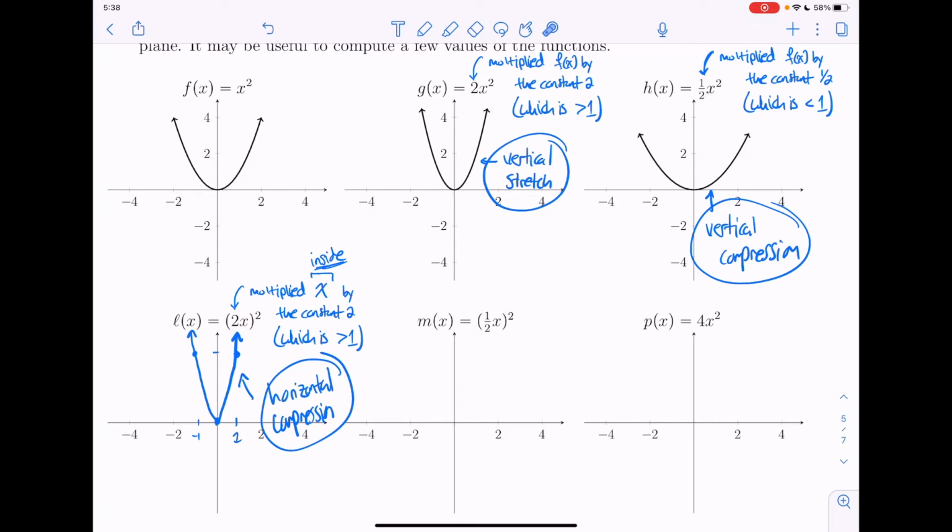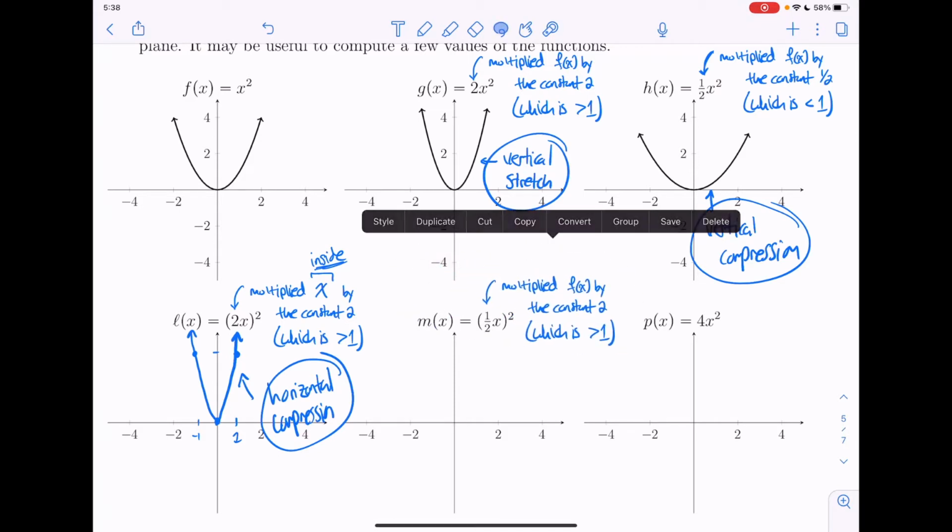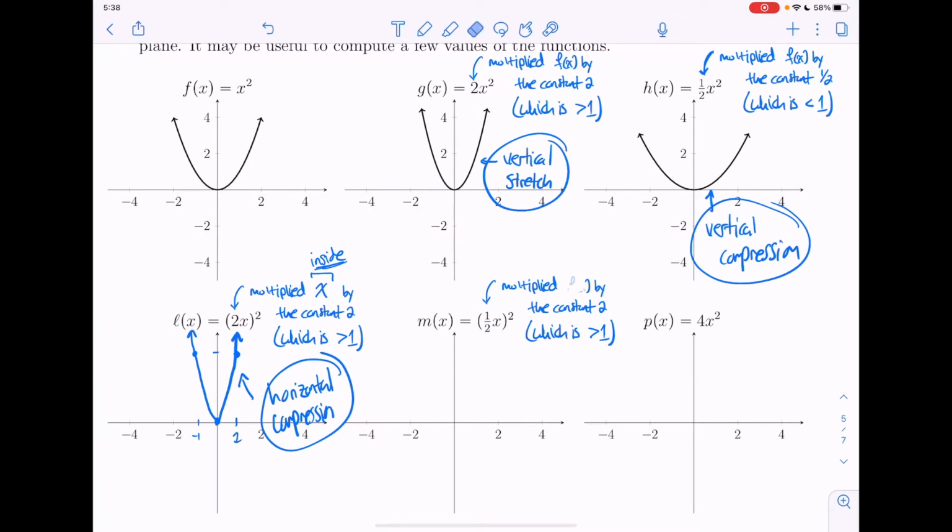And similarly, if I were to multiply by 1/2 on the inside, which is a constant less than 1, instead of being a horizontal compression, you can think of this as a horizontal stretch.